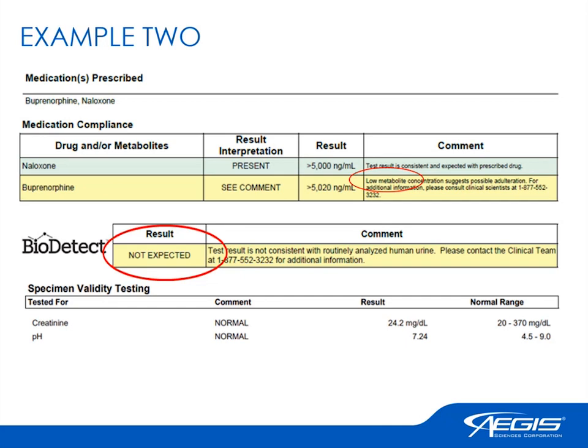The individual that submitted this sample may have substituted the sample to mask the presence of another ingested substance, so attempting to hide potentially an illicit substance could be an example here.